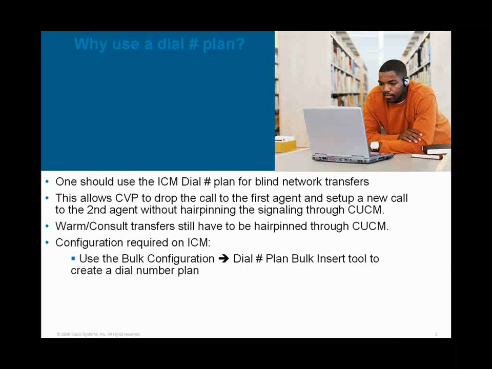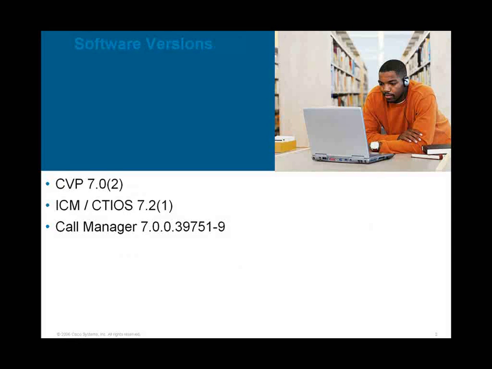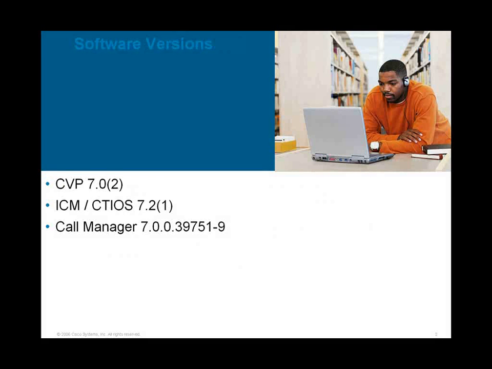So what we'll demonstrate now is how to do this in ICM. You use the bulk configuration tool, and under that there's a dial number plan bulk insert tool to create your dial number plan. The versions used for this demonstration are CVP 7.0.2, ICM and CTI OS 7.2.1, and Call Manager 7.0.0.